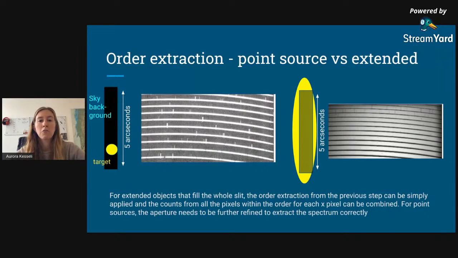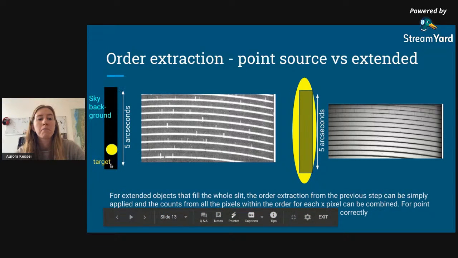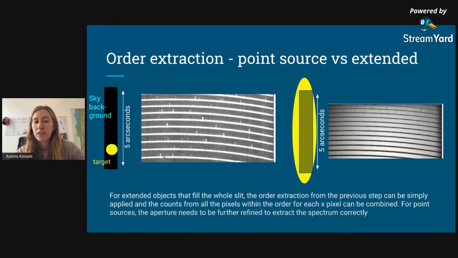Okay, so remember how I told you that in high resolution spectrographs, the slit length is much larger than the target. So if you're looking at a point source, the size of the target will depend on the atmospheric conditions. So if you have good seeing, you can get much smaller point sources. But either way, the point source is going to be a lot less than 5 arc seconds, if that's the length of your slit.